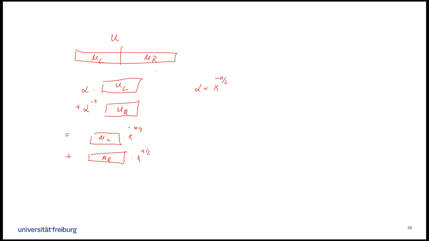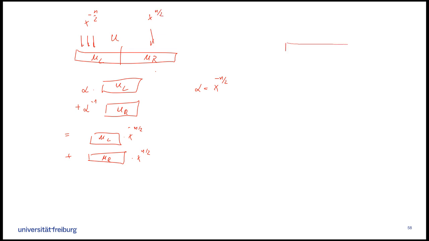That means that each of the coefficients has a different exponent. And now if we follow it, all of these on the left side get the exponent x to the minus n half, and all the right side gets exponent x to the n half.